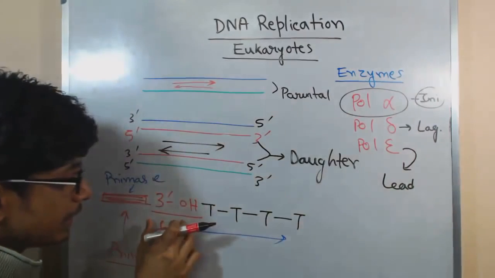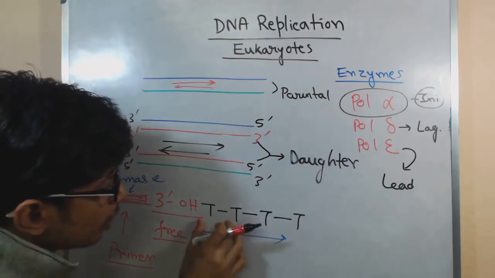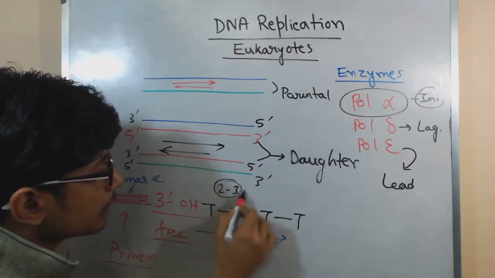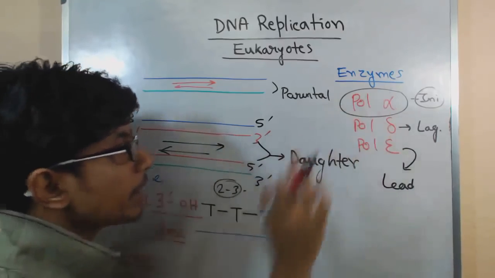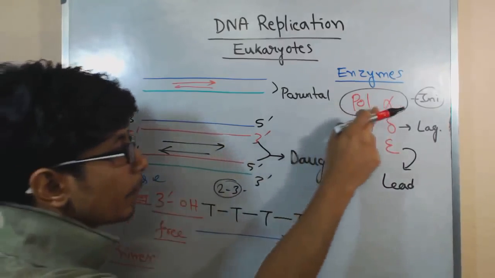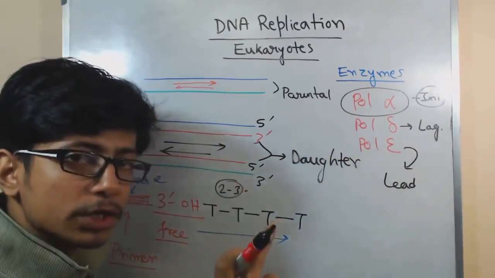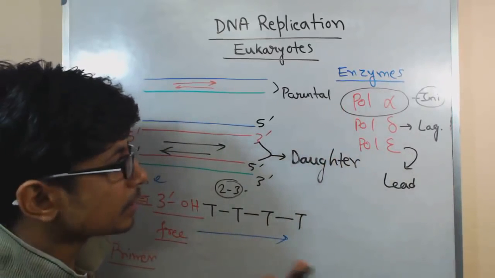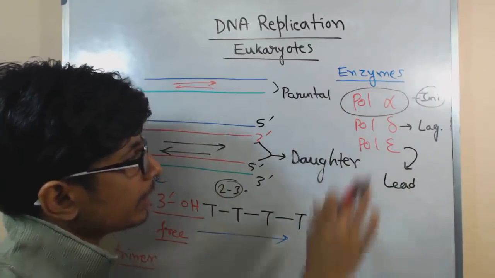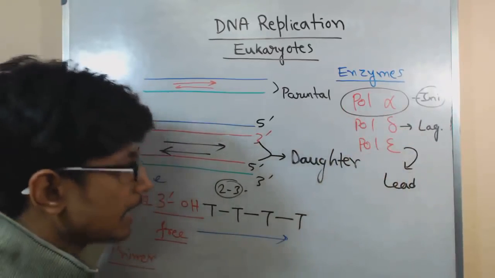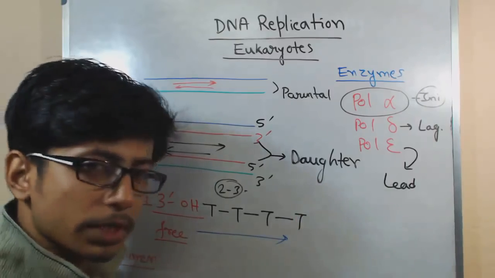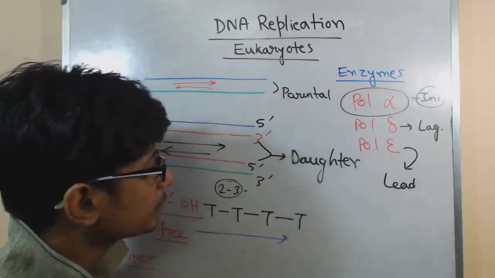Even after the primer is there, in eukaryotes a short stretch of 2 to 3 or 4 nucleotides is produced by polymerase alpha, and that is required. So polymerase alpha in eukaryotes is called the initiator polymerase to start the polymerization process. The rest of the polymerases work as full-time polymerases adding nucleotide sequences to produce the DNA for the lagging and leading strand.